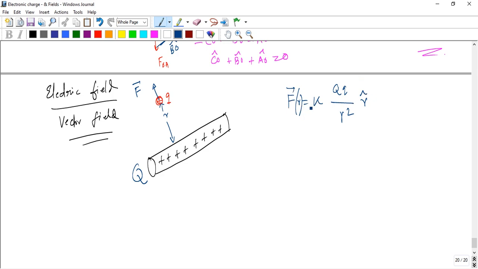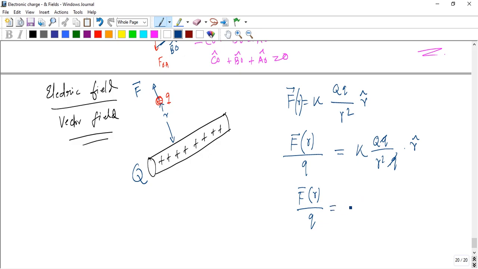Now if I divide the force F of r by the test charge, we get k times capital Q times small q by r square times small q, r cap. So cancel these two. So F of r divided by small q is a vector, k times capital Q by r square, the source charge body, r cap. That is the electric field E of r.